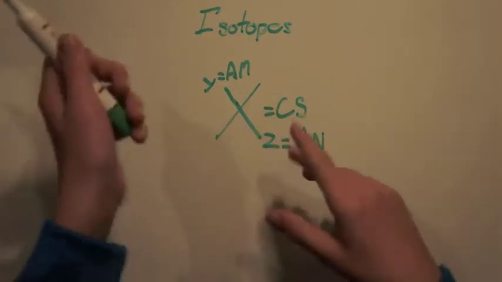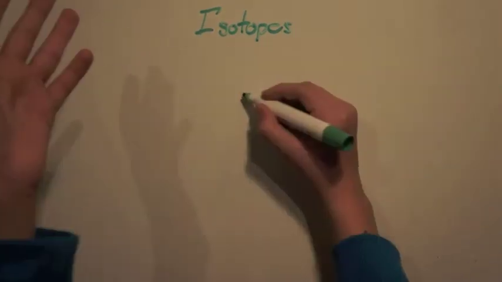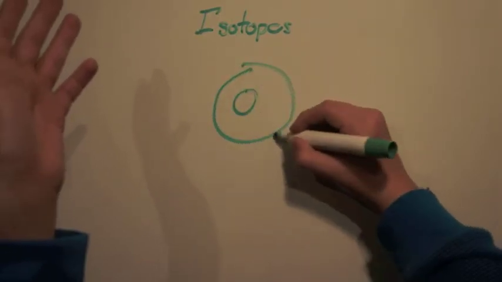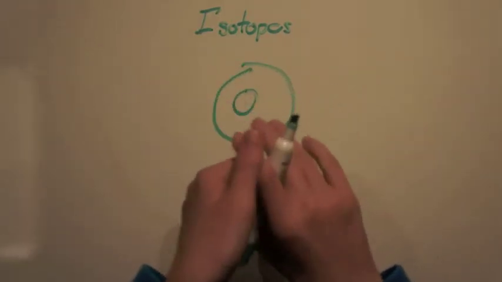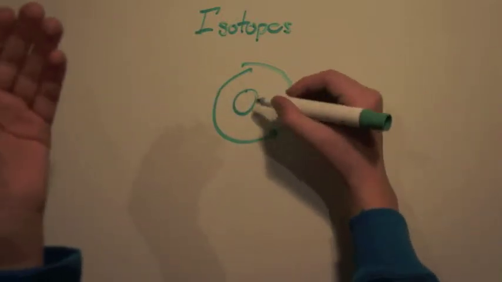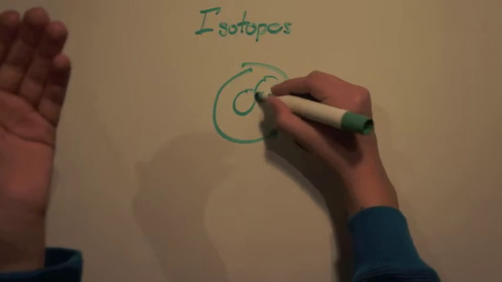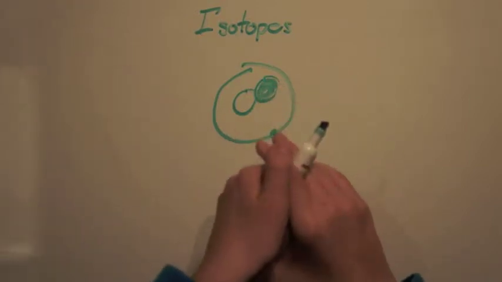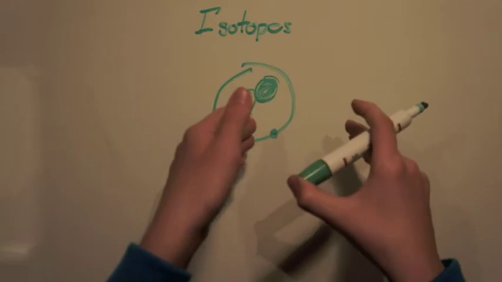Let's look at hydrogen. It has 1 proton and it has a single electron orbiting around it. But what if I threw in a neutron there? This would now become deuterium.